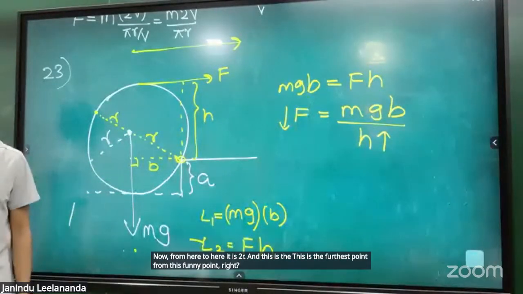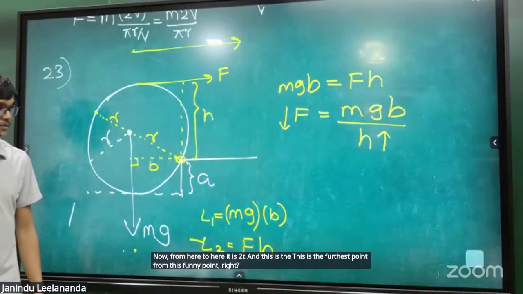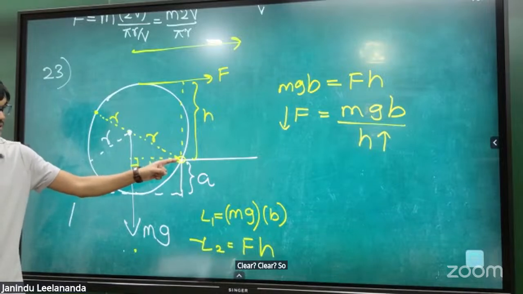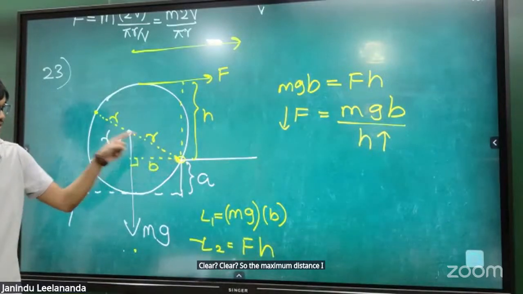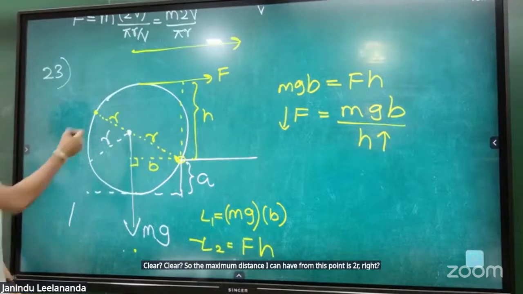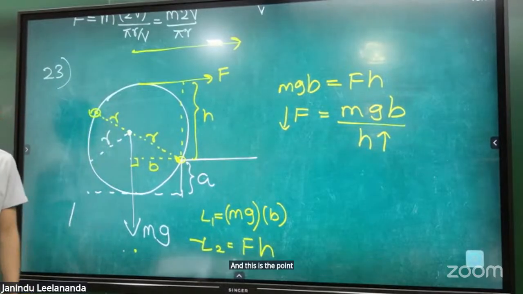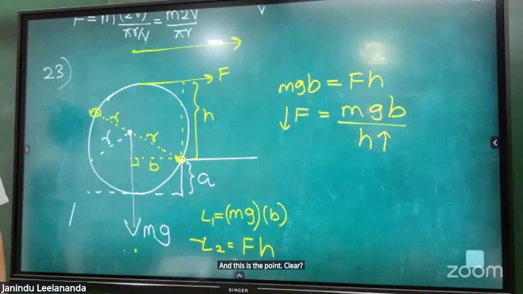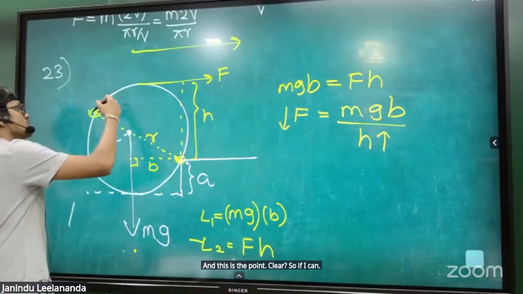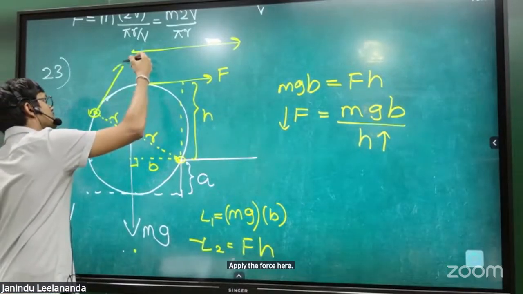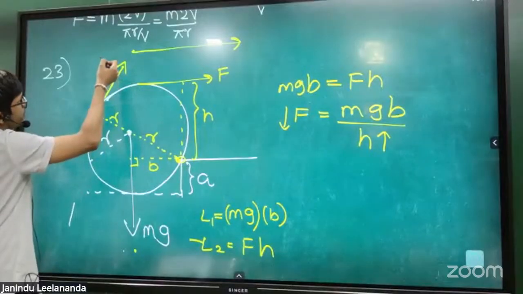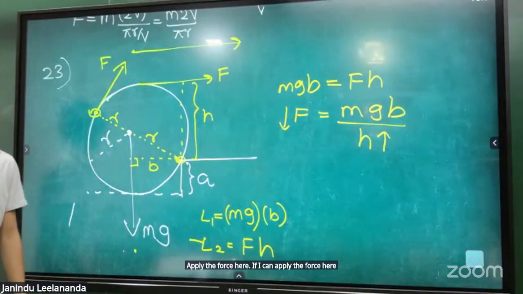So the maximum distance I can have from this point is 2r, and this is the point.